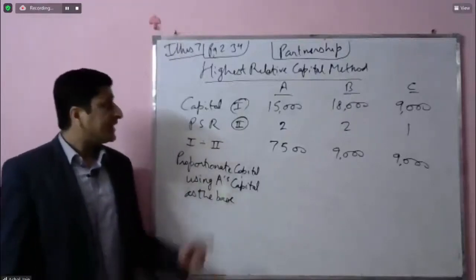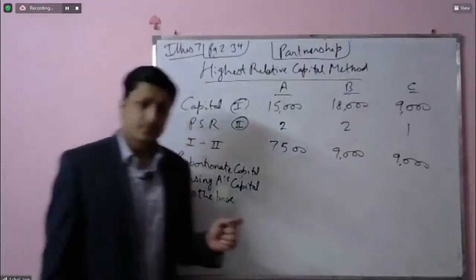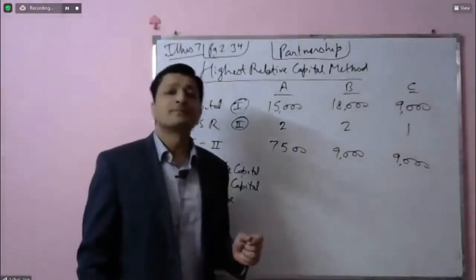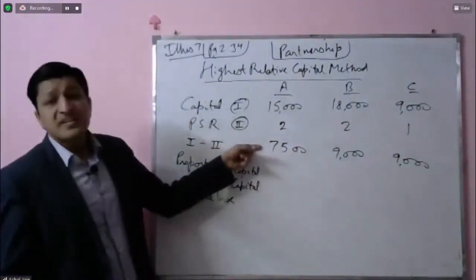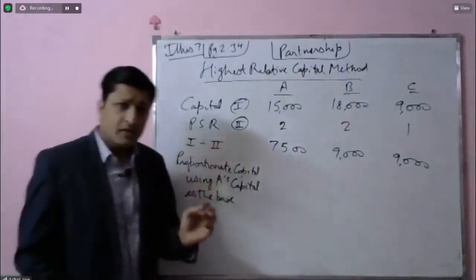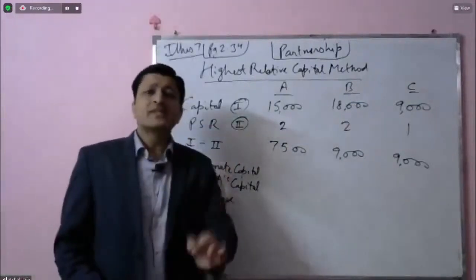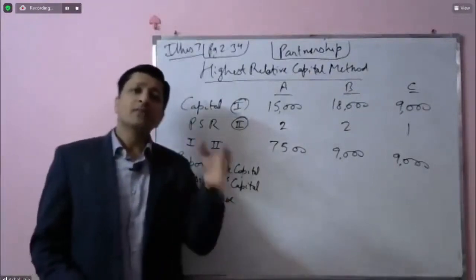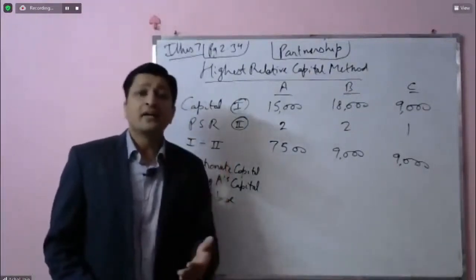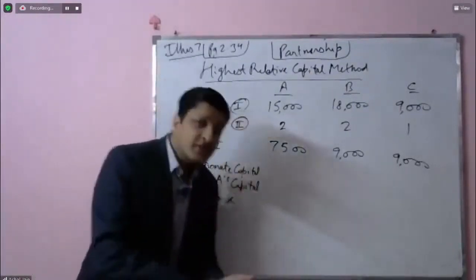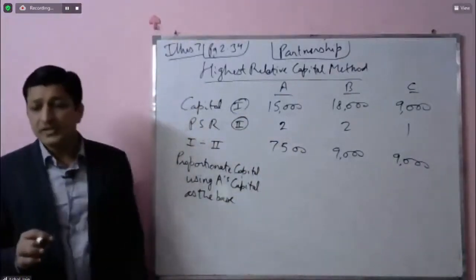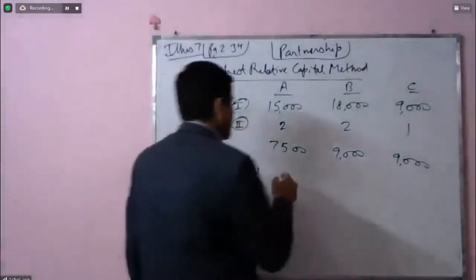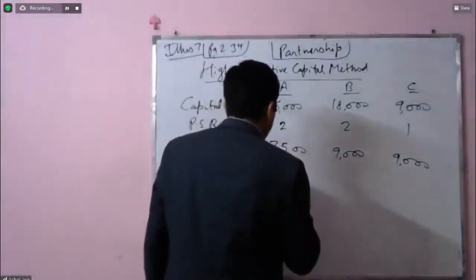We are saying that let's suppose this was the base capital, and this base capital has to become the capital so that capital ratio and the profit sharing ratio become same. So what do we do in this case? In this case, this will become 15,000.